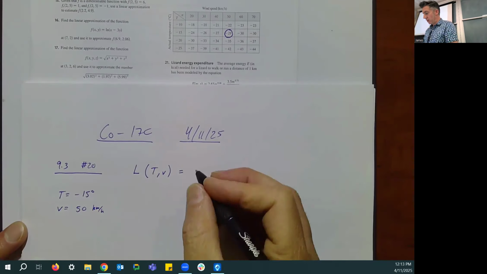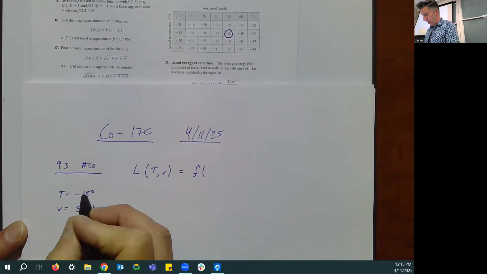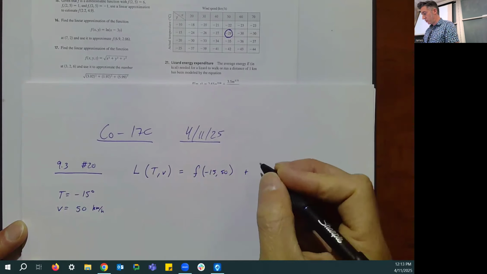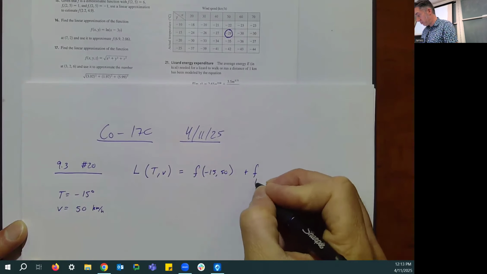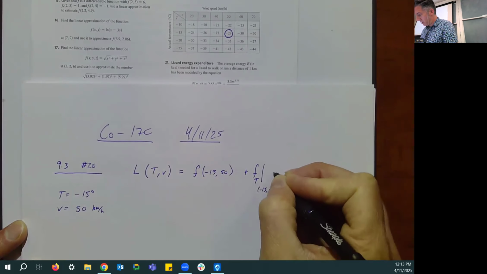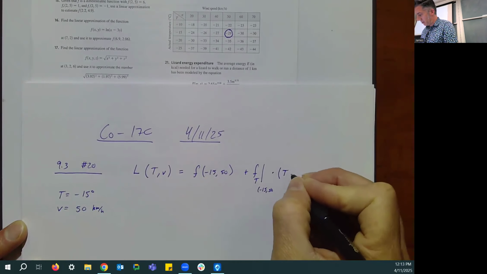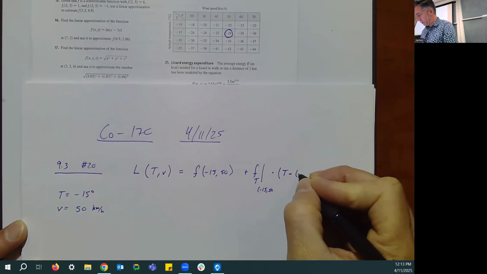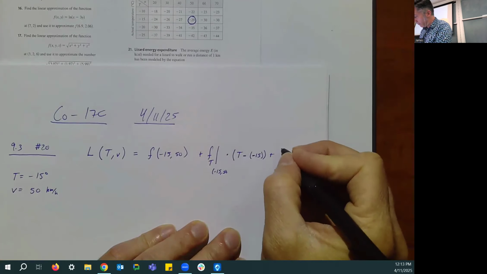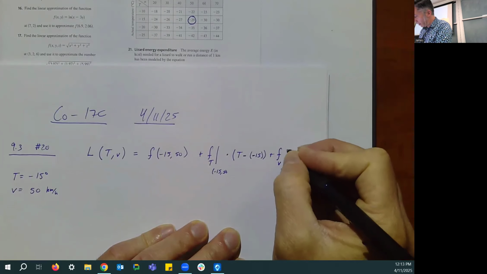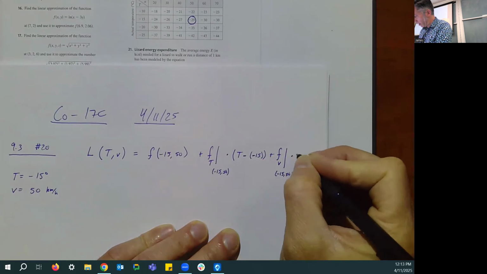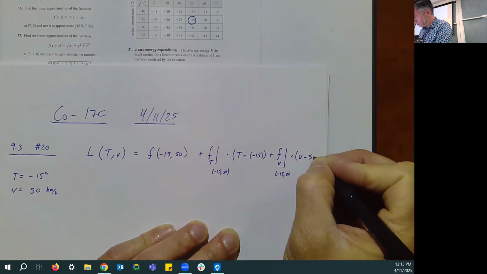So our linearization is going to be the function evaluated at that point, negative 15 comma 50, plus the partial derivative in the t direction, evaluated at the same point, negative 15 comma 50, times the variable t minus the t value, which is negative 15. And then the same deal for the other part. It's going to be the partial with respect to v, evaluated at the same coordinate, negative 15 comma 50, and then multiplied by our velocity minus 50.